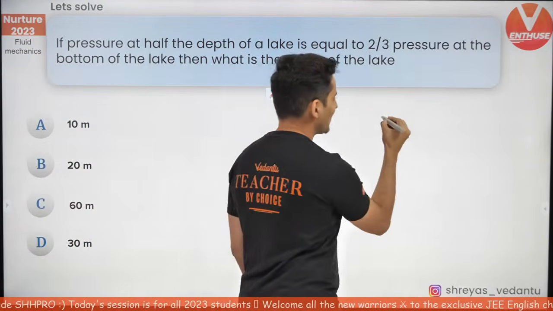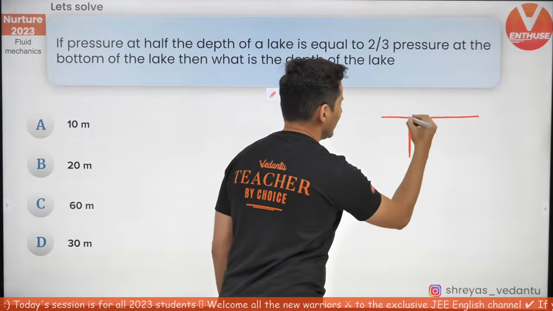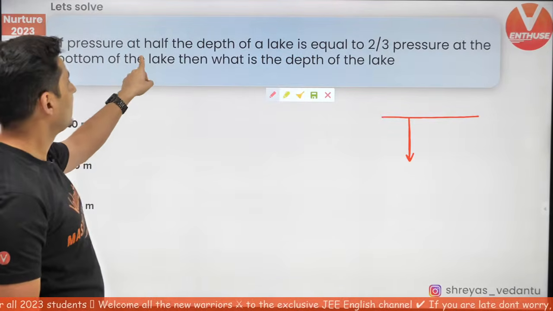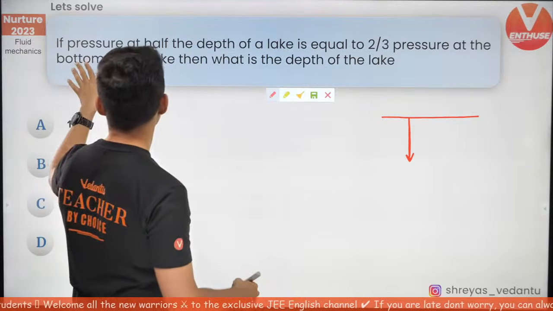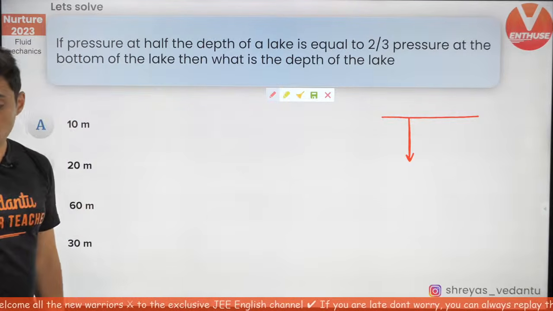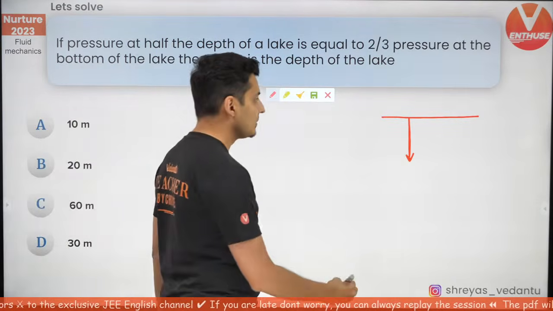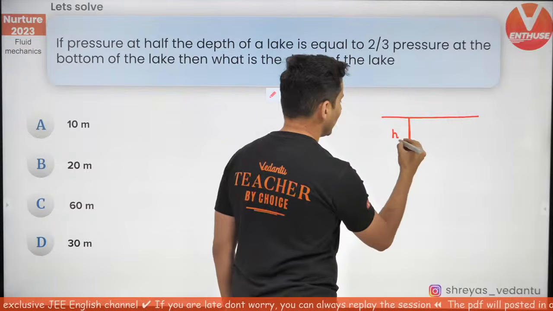What do we do? So we have the liquid surface. Let's say we go down. The pressure at half the depth is equal to 2/3 the pressure at the bottom of the lake. So what will you do, guys? First you will start assuming, right? So let's just assume the depth of the lake to be h. So this is at h/2.